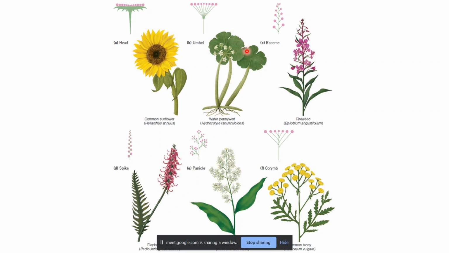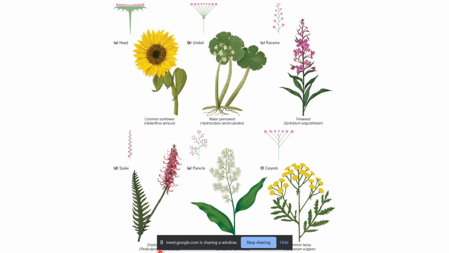And then a spike is when you have flowers attached directly to the stem without a long peduncle. Then panicle and corymb. So these are the types of the inflorescence.